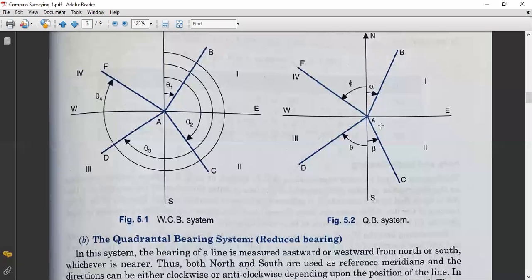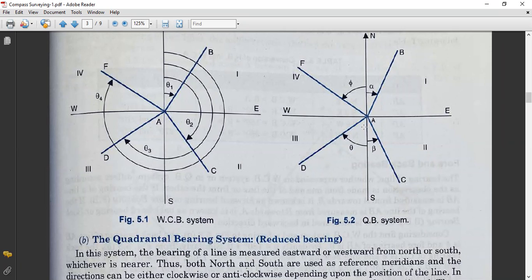So how will we write the bearing of line AC? Always see here, in the quadrantal bearing system, if you are measuring from north to east, it is clockwise. If you are measuring from south to east, it is anti-clockwise. So it may be clockwise or anti-clockwise in the quadrantal bearing system, but in the whole circle bearing system it has to be measured always in clockwise direction, correct?